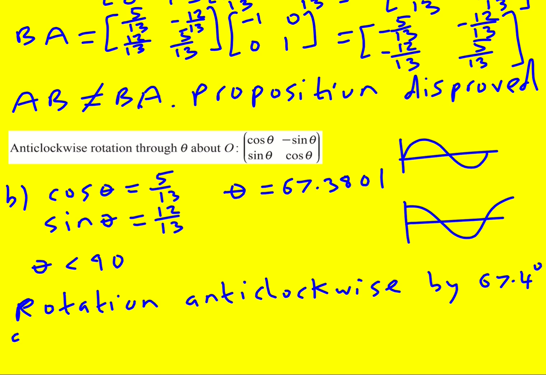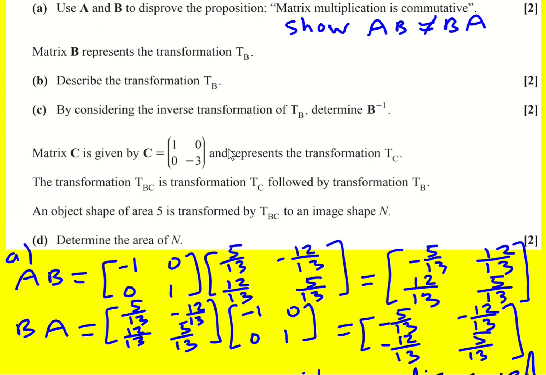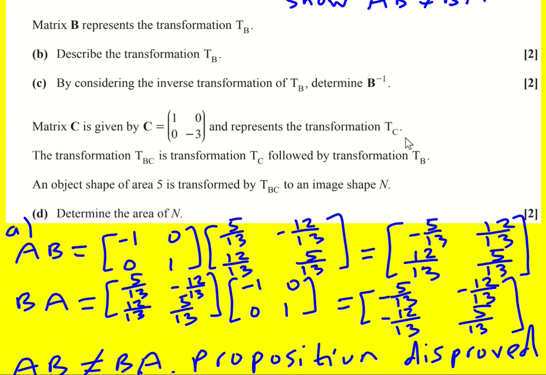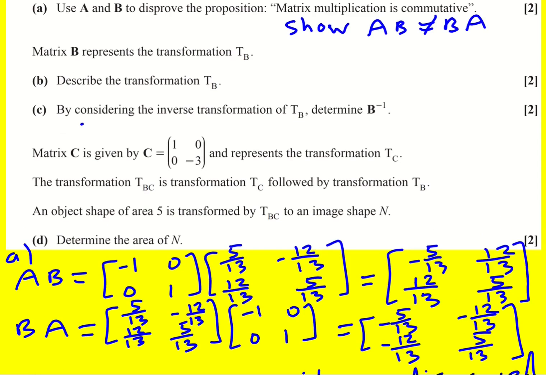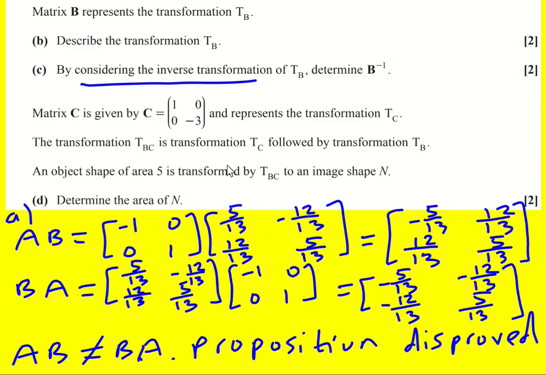I do need to still say where it's about, the origin O. Now, by considering the inverse transformation of TB, determine B minus 1. Note, you can't just find the inverse matrix. It says by considering the inverse transformation, you must use that.